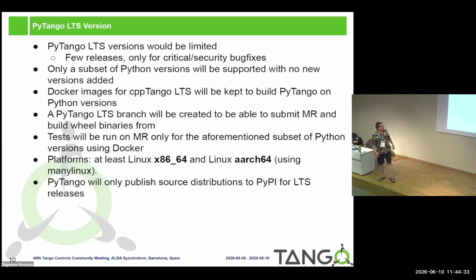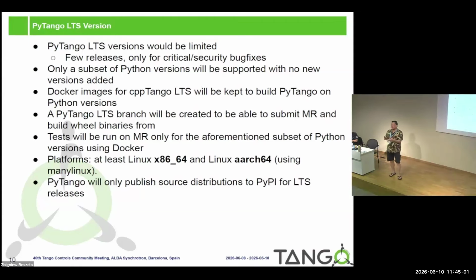All right. Okay, because we also have talked about PyTango LTS versions. What does that mean if you're only focused on PyTango? You see that here. Most importantly, we focus on 2 platforms, 64-bit Intel architecture and 64-bit ARM architecture. That's pretty much it. 32-bit ARM exists, yes, but it's kind of a voluntary support that we provide.